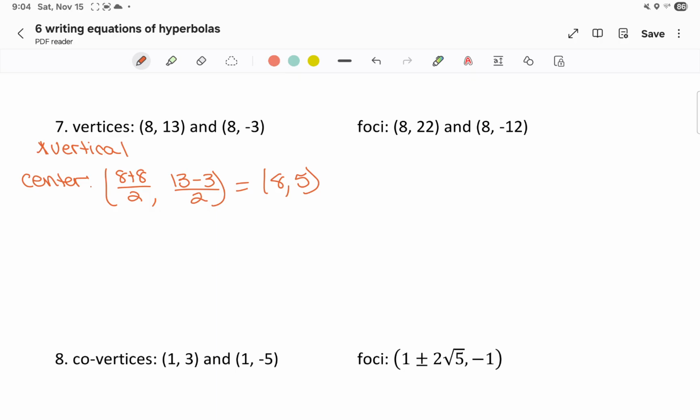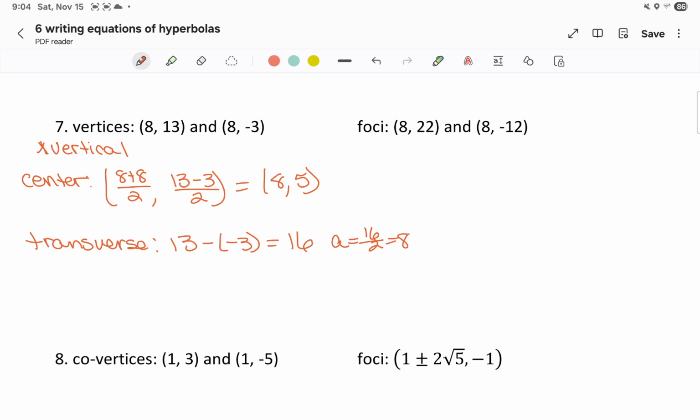So if we look at our distance, our transverse axis, we have 13 minus a negative 3, which gives us 16. So in that case, we have A equals 16 over 2, which is 8.